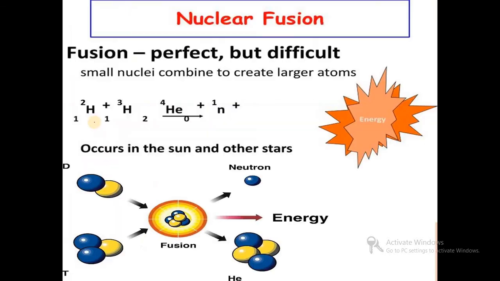So in the case of nuclear fusion, which is a perfect reaction but difficult to achieve, small nuclei combine to create larger atoms.